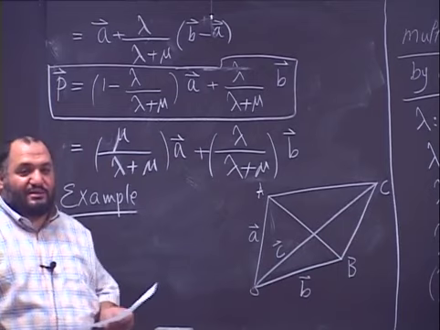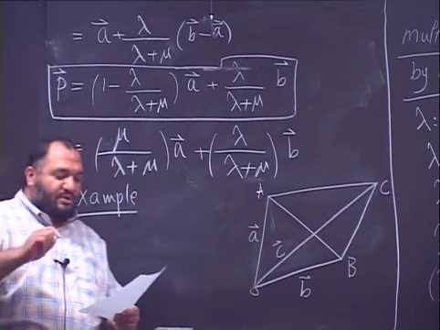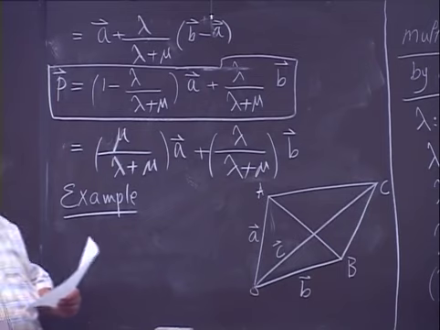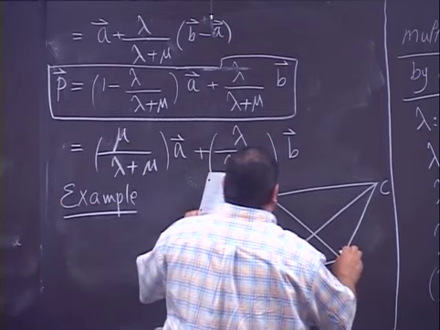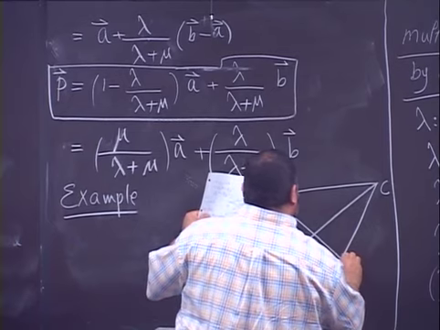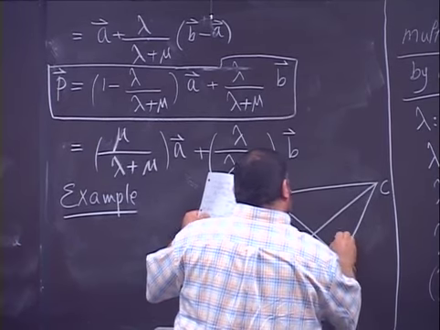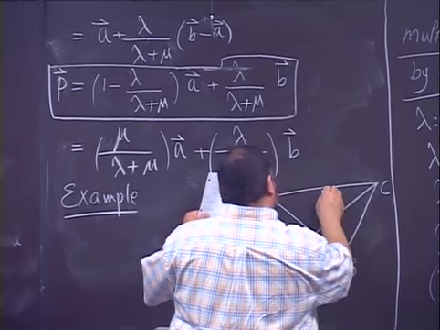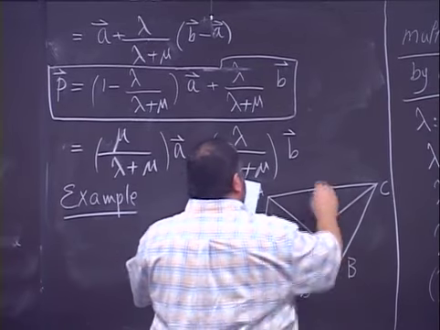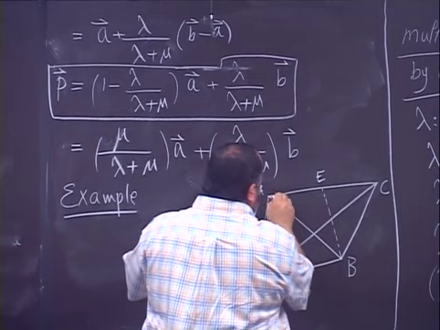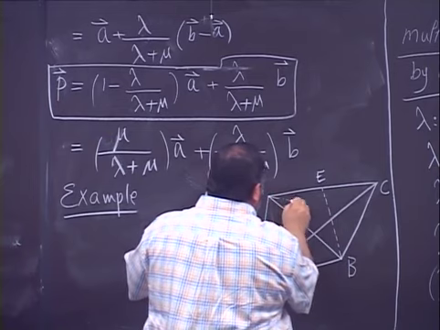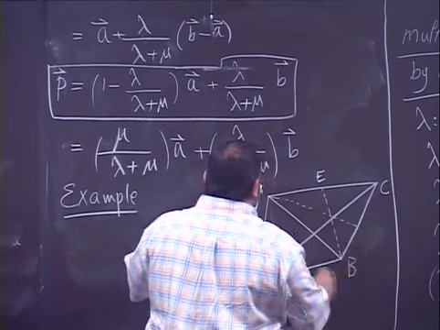If we are interested in knowing what is the center point for the triangle, let's assume that you will get a dividing line from here to here, and this will be point E from the vertex A to here.